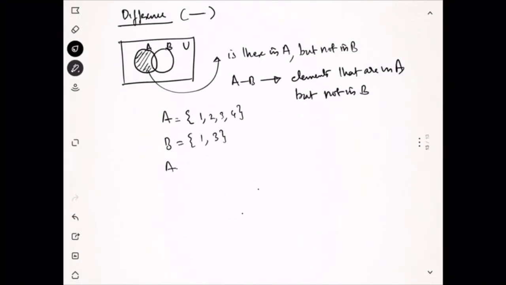Then A difference B is nothing but the elements that are in A but not in B. B contains the elements 1 and 3, so the elements that are in A but not in B are just 2 and 4. This is the A difference B.